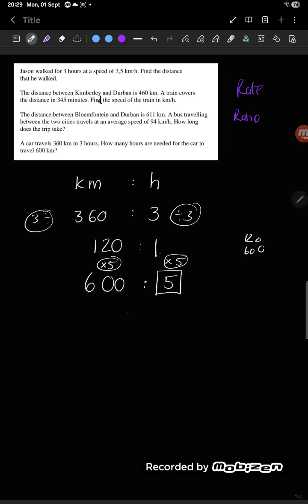How many hours are needed? 5 hours. It's going to take 5 hours to travel 600 kilometers. And that makes sense. From here to Durban is probably about 5 hours. So well done. Do all the questions. You need quite a few questions to get good at this. Remember, the rule is at least 20 questions to get it in your pocket.